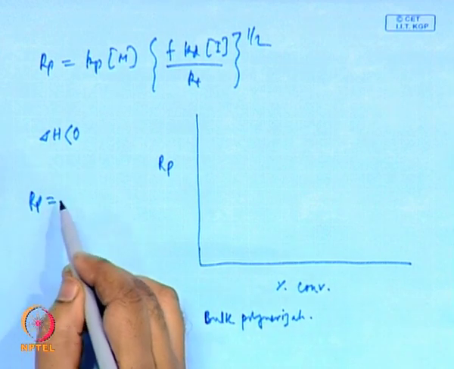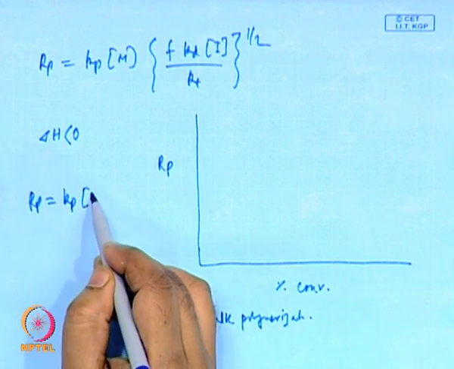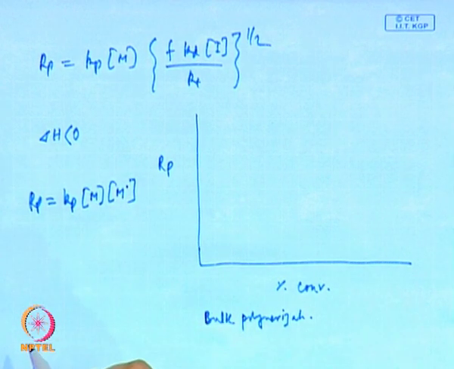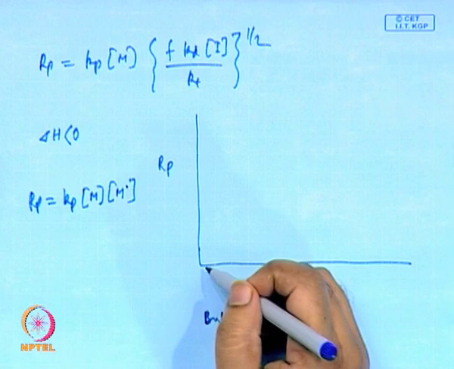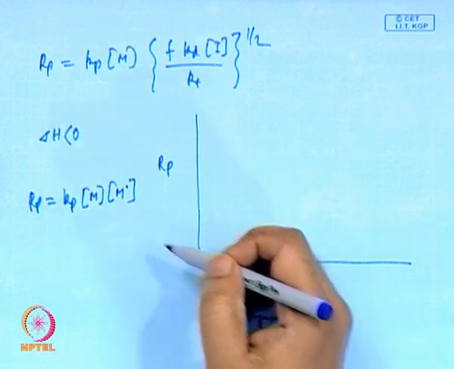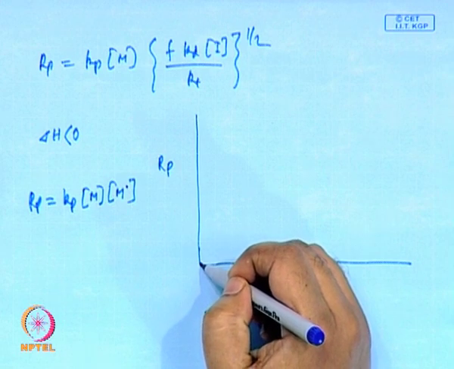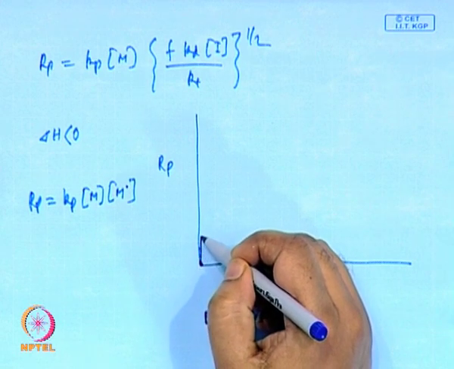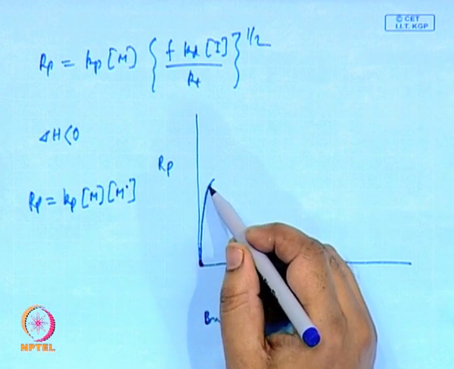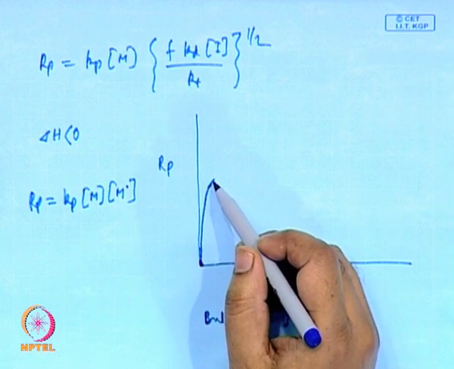Again remember, Rp is Kp M dot. Now, initially before the steady state happens, M dot increases slowly. So, with very low conversion it will take little time for the steady state to happen.